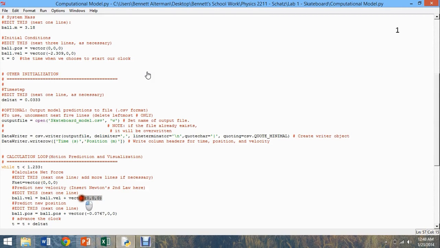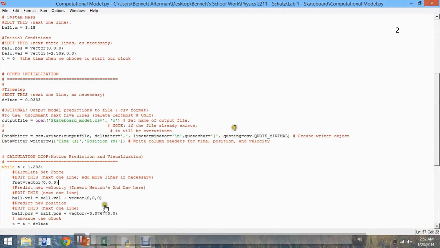Both the F net vector and the ball velocity vector do not change in this experiment, so they remain at 0, 0, 0. The ball position vector has a change in position of negative 0.0767 in the negative x direction, which I took from my tracker data, finding the average difference between each change in position.